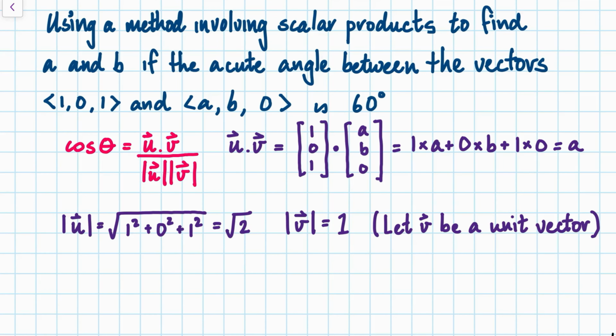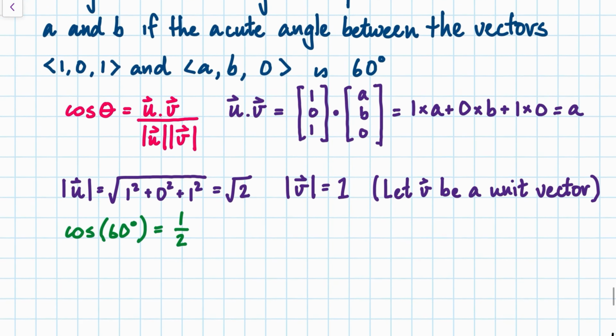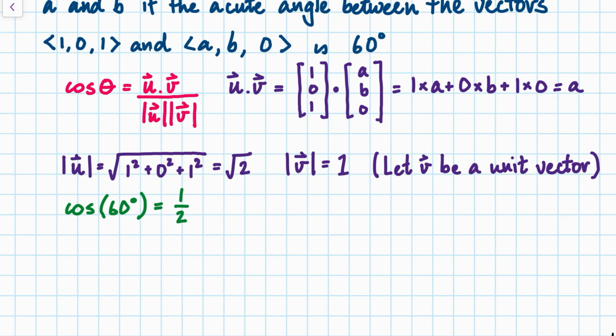Fantastic. So we can also recognize, guys, that if the angle between the two vectors is 60 degrees, then on the left-hand side of our scalar products formula, the cosine of 60 degrees is equal to 1 over 2. So I'm going to write all the values we know into this formula.